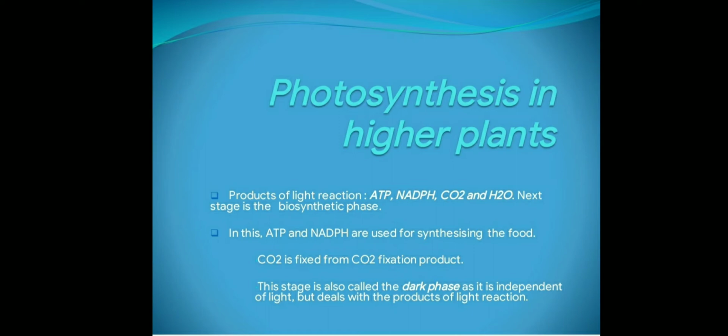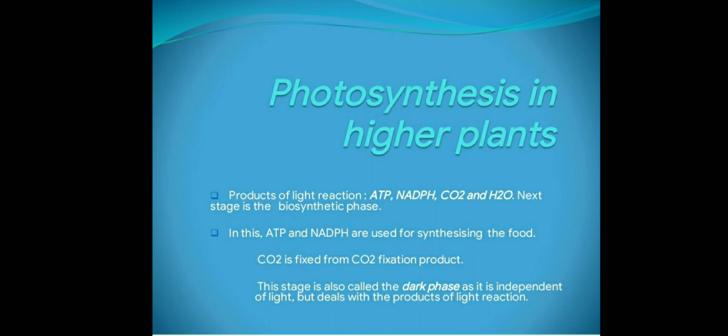Phosphoglyceric acid is the first primary stable product formed by the fixation of CO2. This phosphoglyceric acid is a 3 carbon atom compound, so it is called the C3 pathway. And such plants where the C3 pathway occurs are called C3 plants.